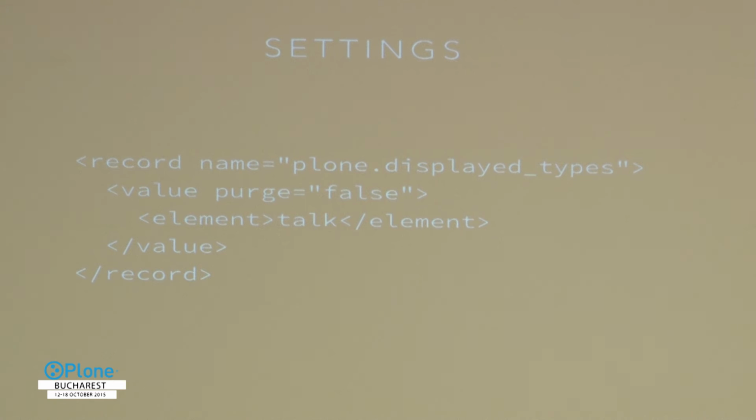All Plone settings are kept and migrated to the portal registry, and the portal properties will also still work for your stuff. But for things like showing my content type in the navigation, you should use the registry now. This is one example from the training documentation, where it says, also display the talk content type in the navigation, and also in the sitemap.